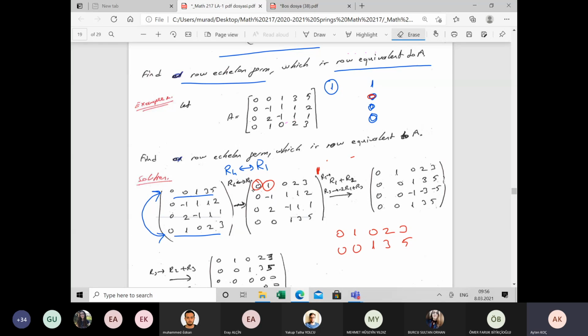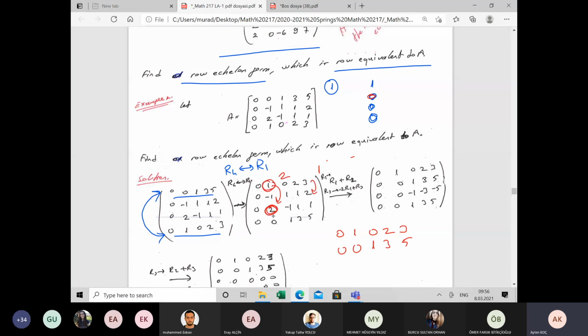For the first operation, this one is 1. Our aim is to get 0 here. How to get 0 here? Take the leading one, this one, multiply by 2, and then add to the third row.